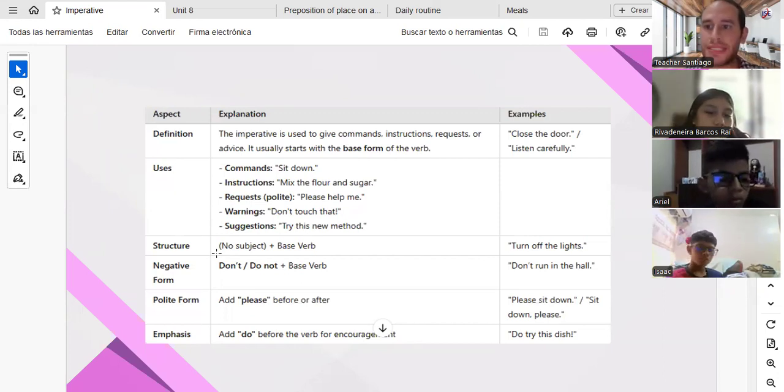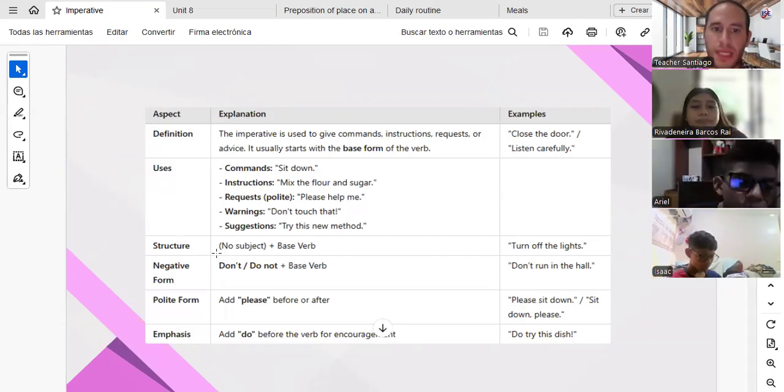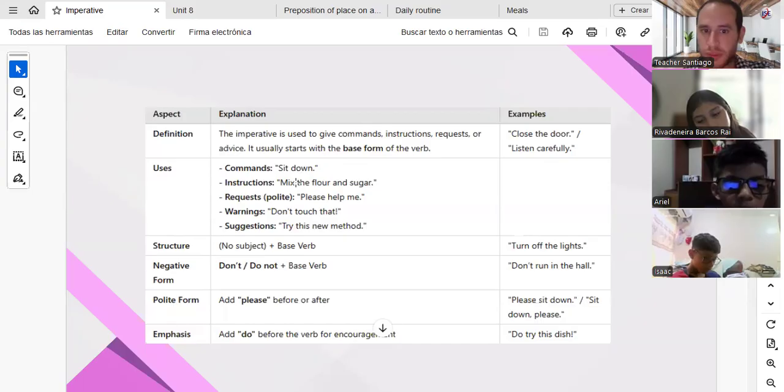Command: sit down. Instruction: mix the flour and sugar. Request: please help me, in a polite way. Warning: don't touch that. Suggestion: try this new method. Remember, in imperative we don't use a subject. We just use the verb.